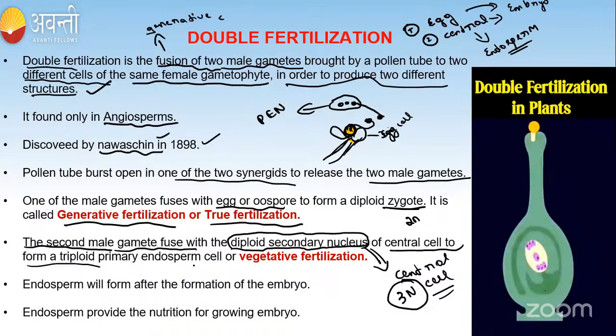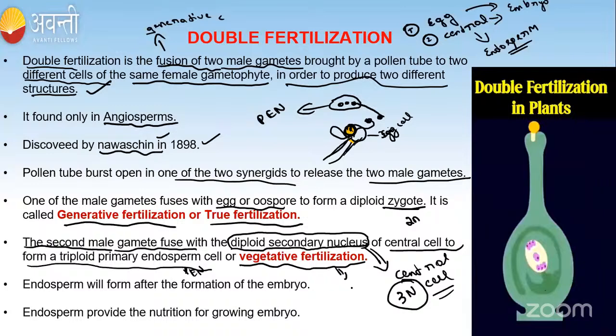PEN. Okay, in most of the exams you will get the question whether PEN is diploid, haploid or triploid. That is triploid, 3n. This fertilization we are going to call vegetative fertilization. Why do we call it vegetative fertilization? Because it is going to form the endosperm.